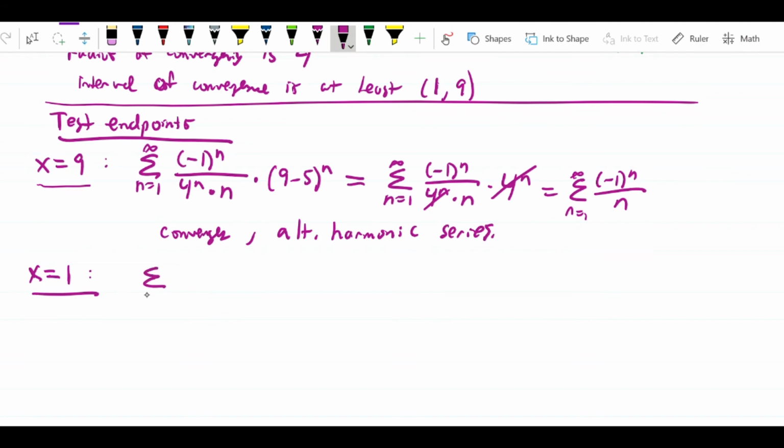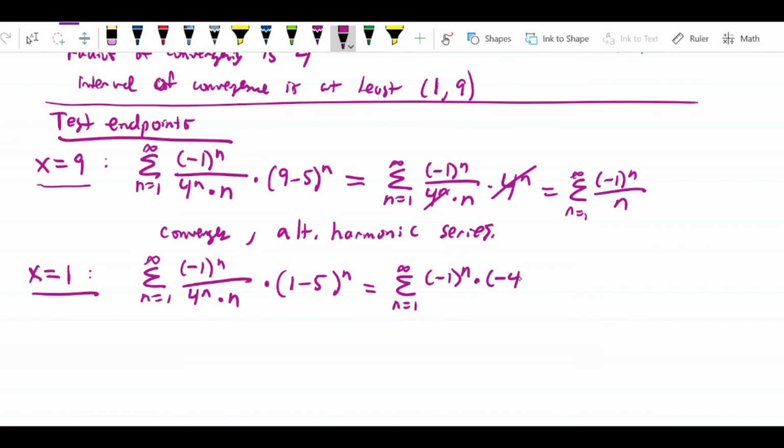So now let's test at the endpoint x equals 1. This is going to be the sum from n equals 1 to infinity of (negative 1) to the n over 4 to the n times (1 minus 5) to the n. This time I replace the x with 1. If I simplify this, I get (negative 1) to the n times 1 minus 5 is negative 4, so that's (negative 4) to the n over 4 to the n times n.